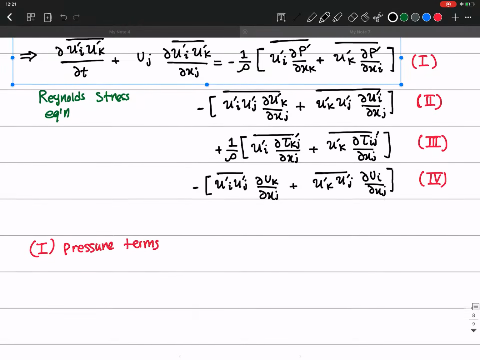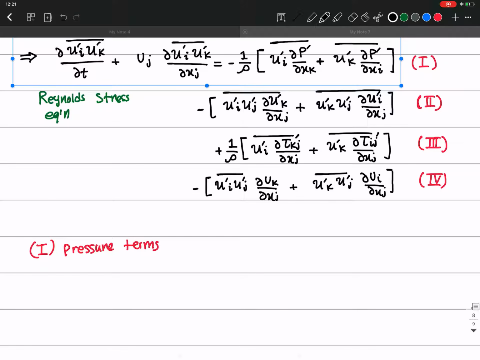So I can simply write that as u prime i. Let me rewrite that: partial p prime over partial xk bar plus u prime k partial p prime over partial xi.